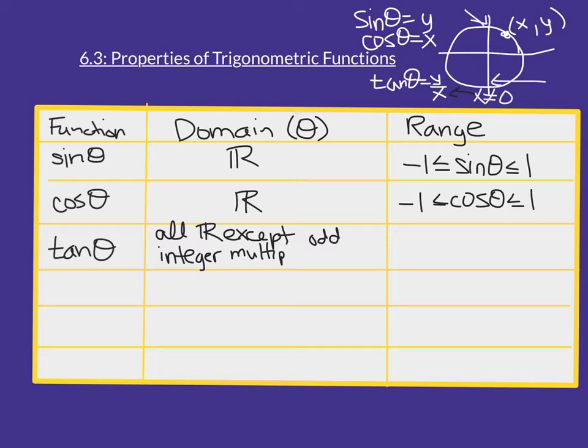You can't have 3 pi over 2. And then you can keep going around the circle. Every time you have an odd integer multiple of pi over 2, it's going to give you an undefined value for tangent. Believe it or not, the range is actually going to be all real numbers. So your tangent can be any value between -infinity and +infinity.